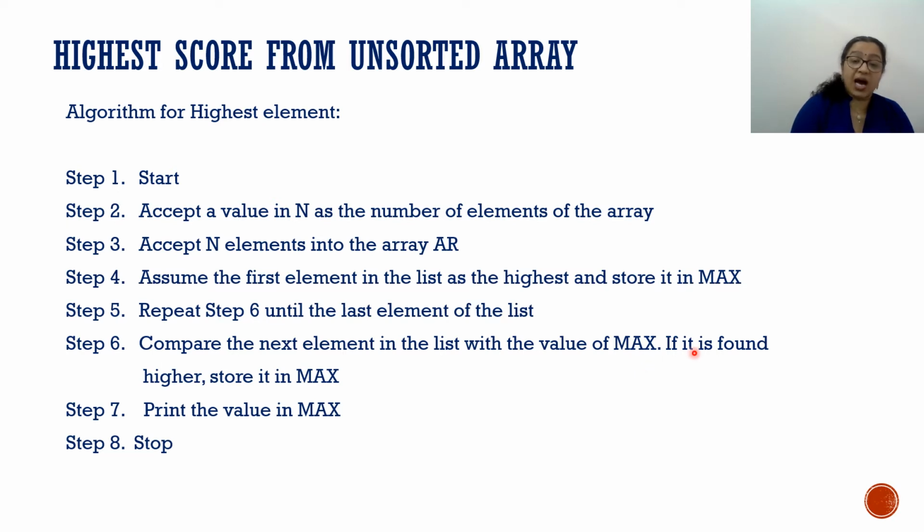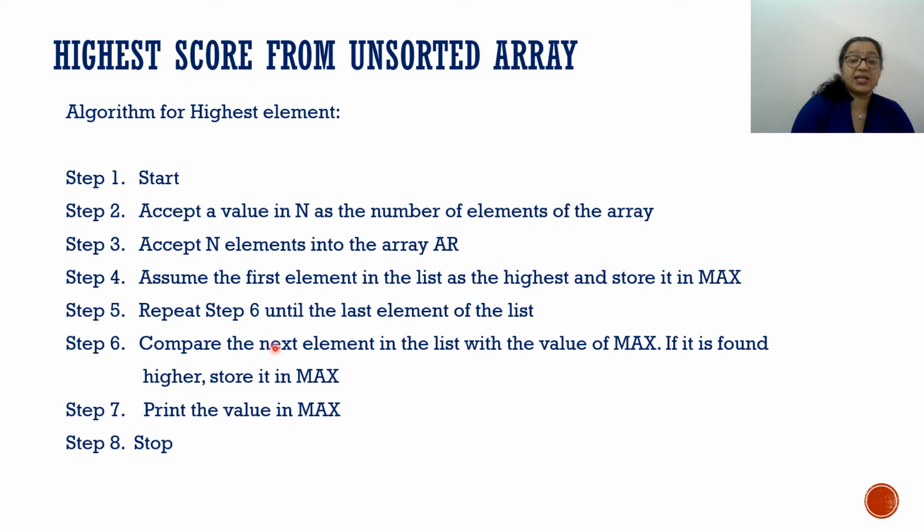If it is found higher, then store it in max. If the second element is the highest one, we want to store it in max. We want to repeat this process until the last element of the list.